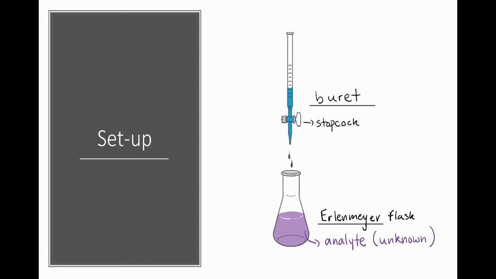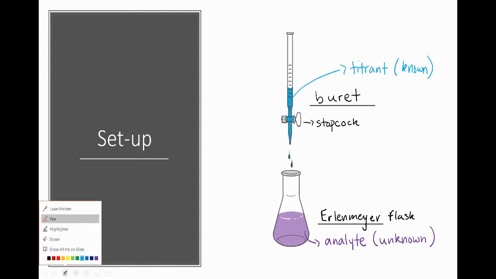Now, the substance that is inside the burette, on the other hand, is called the titrant. The titrant is whatever substance is known, and it's what we will use to perform the titration on the unknown analyte. So the titrant goes in the burette up top, the analyte goes in the flask on the bottom.